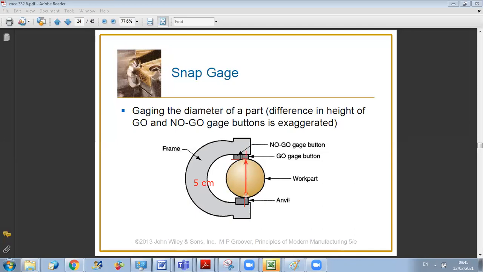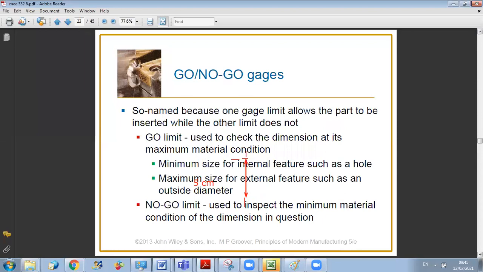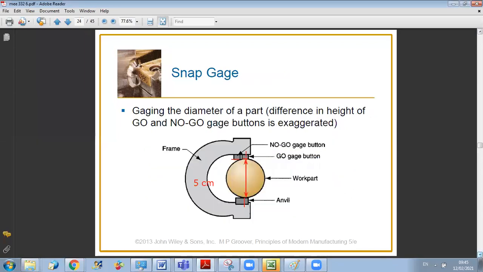And why do we say that the go gauge permits measuring the maximum condition of material? Imagine that this is the material you have, the material of your ball.